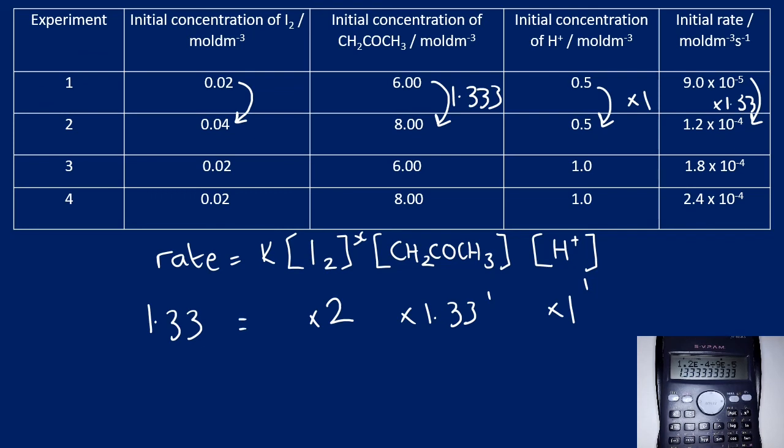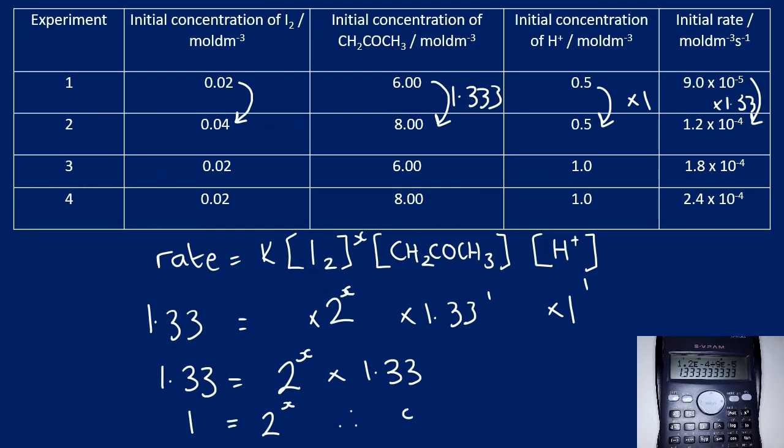So let's tidy this up. We've got 1.33 is equal to 2 to the x. I've missed that off there, so that's 2 to the x multiplied by 1.33 multiplied by 1. I can leave the 1 off. So I'm going to divide both sides by 1.33. I end up with 1 is equal to 2 to the x.